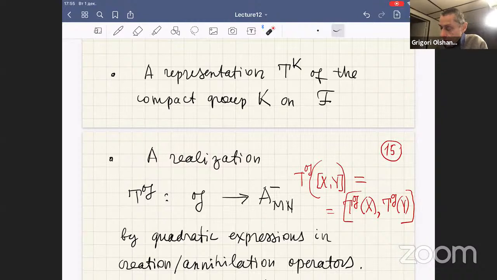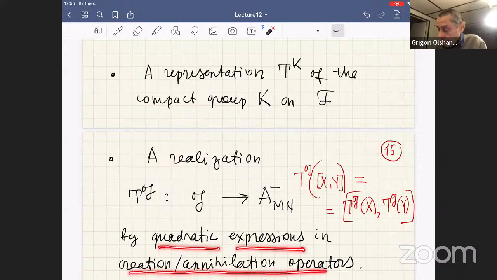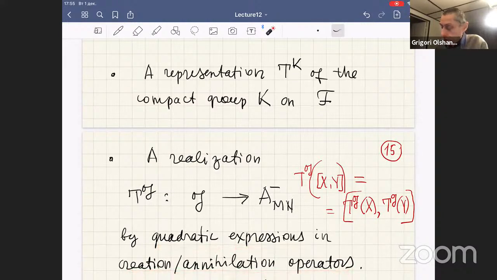And this realization is such that the elements of our Lie algebra are represented by certain quadratic expressions in our creation and annihilation operators, which will be explained again a bit later. So the generators of the algebra are represented by certain quadratic expressions in these operators.